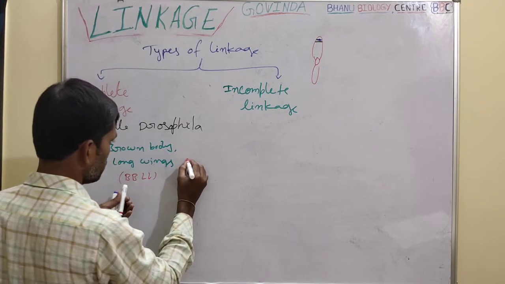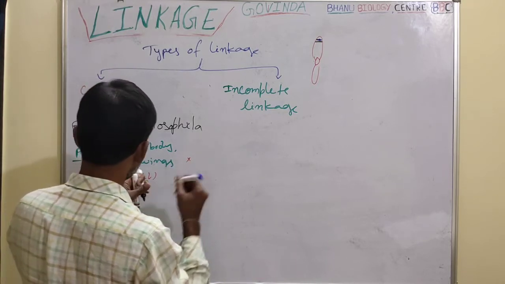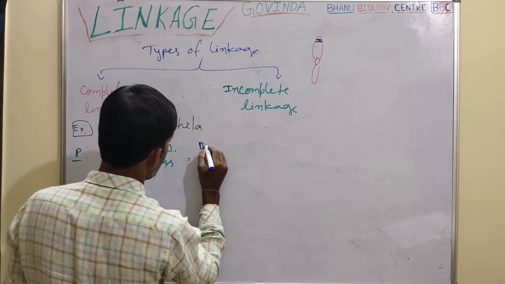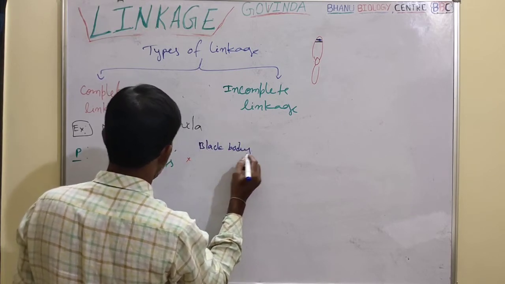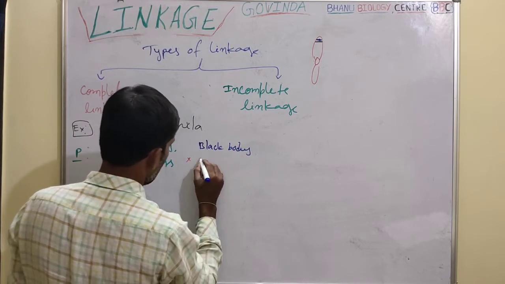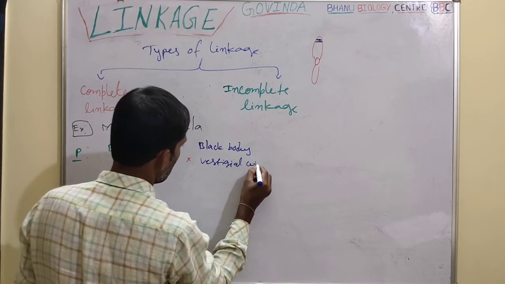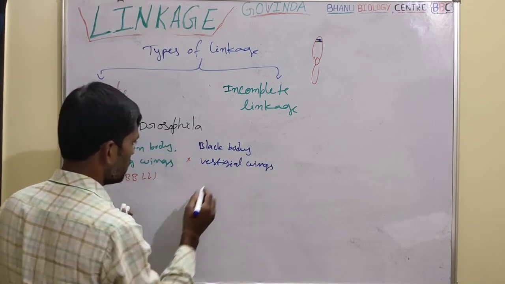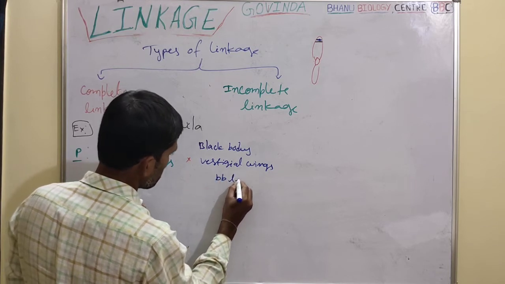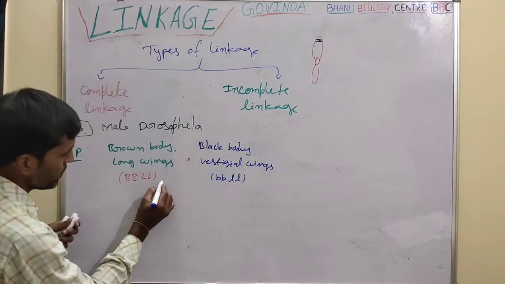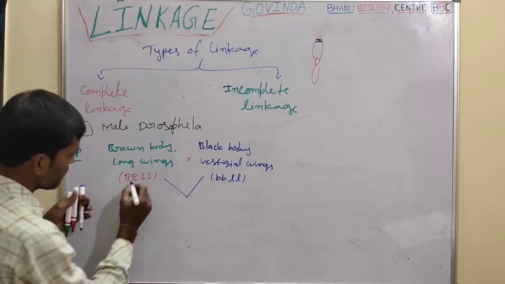Next, the other parent: black body and vestigial wings. Genotype is small b small b, small l small l. Then a cross is made between them. So here I am writing the gametes also.